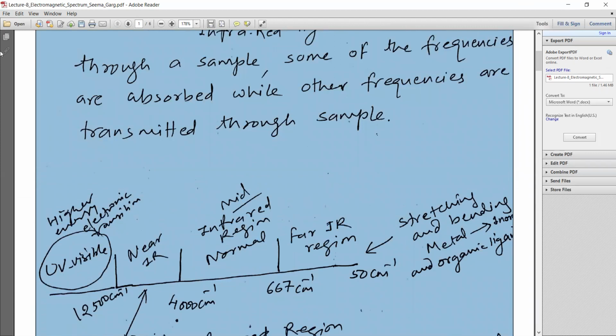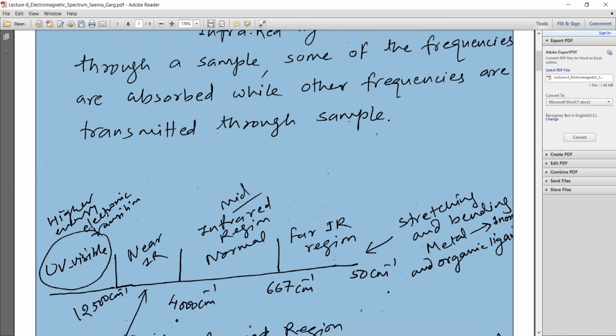See here, this is the range of IR. The range 50 inverse centimeter to 667 inverse centimeter is known as the far IR region, which is useful for metal inorganic or inorganic ligands.